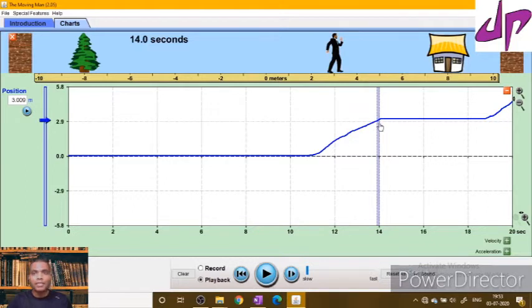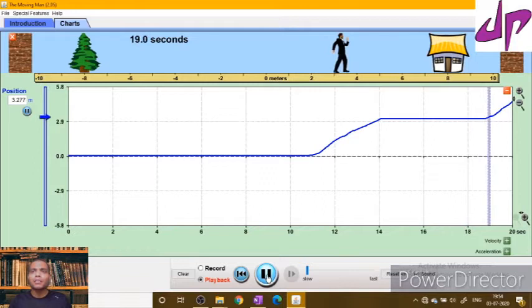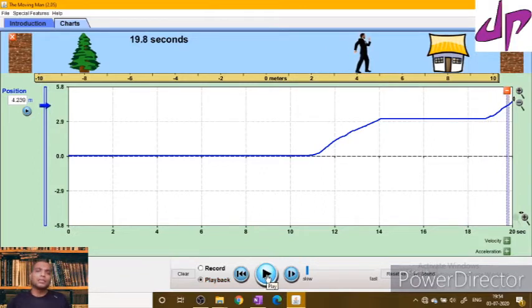Now after reaching there, the person stopped. If the person stopped, again the line becomes flat, and up to above 18 seconds the person does not move at all, and again he started to move. Again the line starts to increase.